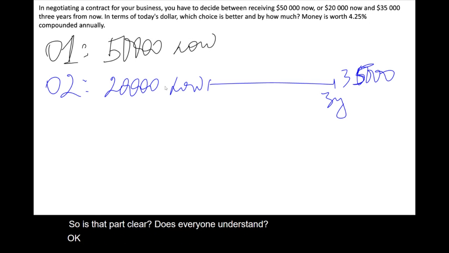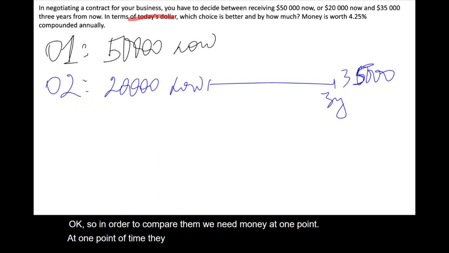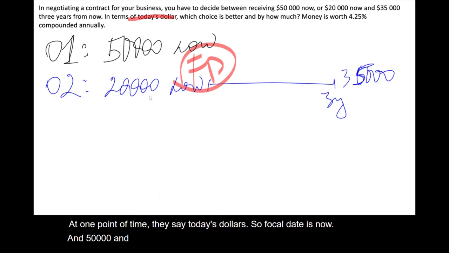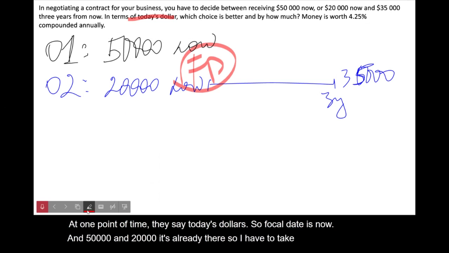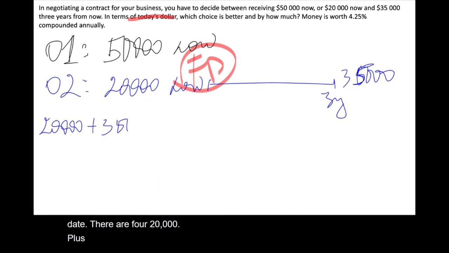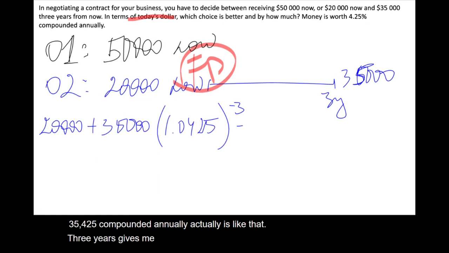Okay, so in order to compare them, we need money at one point in time. They say today's dollar, so the focal date is now, and 50,000 and 20,000 are already there, so I have to take 35,000 to the focal date. Therefore 20,000 plus 35,000 at 4.25% compounded annually, 3 years gives me exponent minus 3.